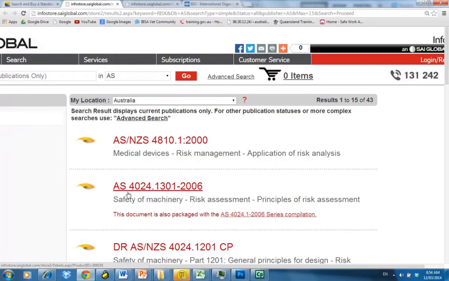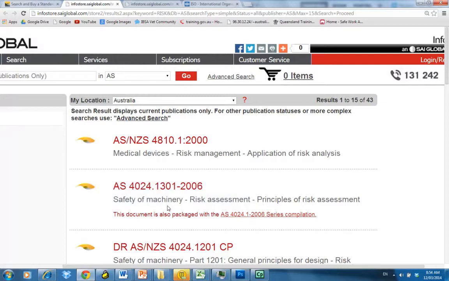We've got Australian standard, the number, you can see the year that it was created in. But the most important thing is always to look at the code titles. So in the medical industry, in the health industry, that might be a very commonly known standard that would have to be included in their policies and procedures manual. In the manufacturing industry, safety of machinery, risk assessment.